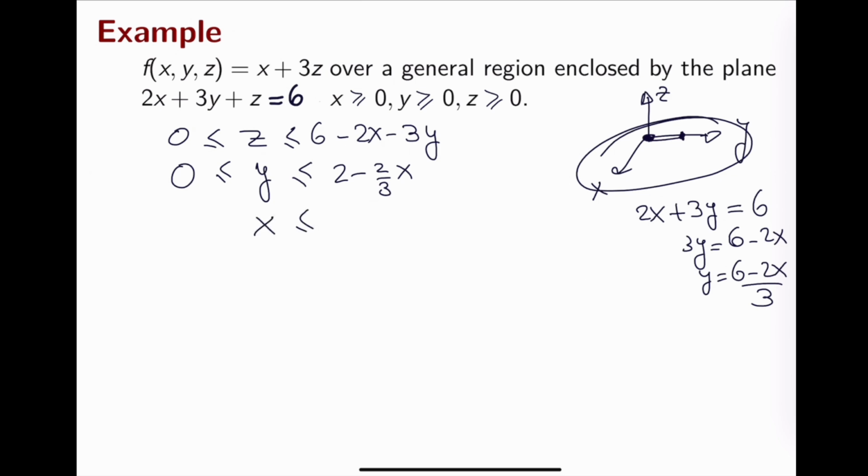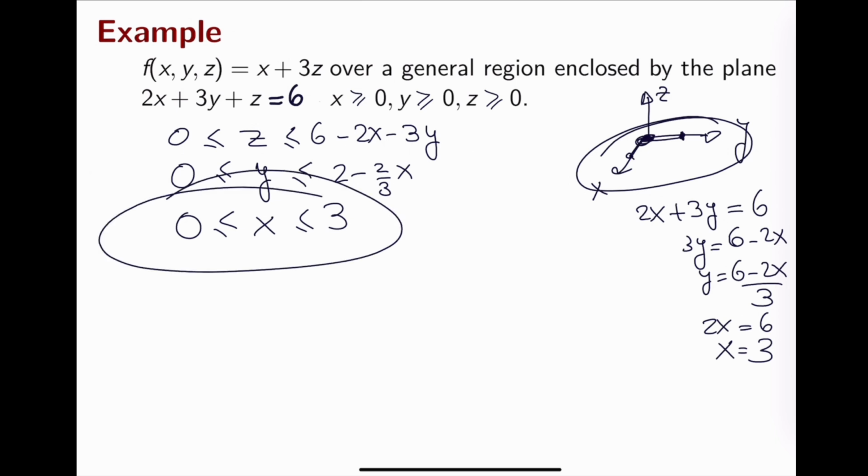And finally, the variation of x in the same way is going to start at 0 and end with the intersection where y and z are equal to 0. So we put those things here and we get that 2x is equal to 6, and so x is equal to 6 over 2, which is 3. This is the upper bound of the variation of x.